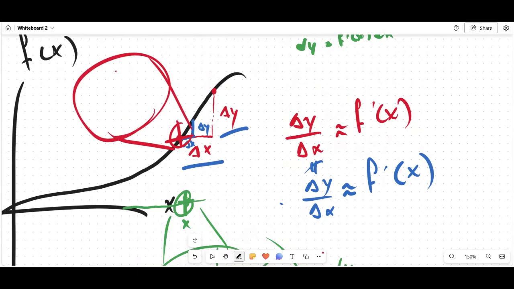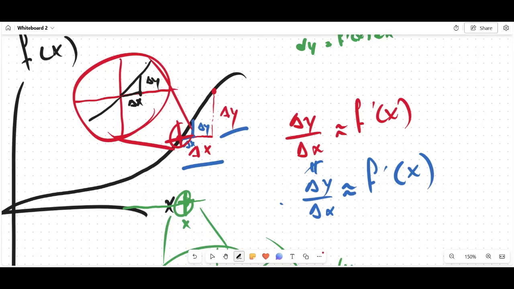And you try to trace the actual function. So the actual function is not a straight line, but it's very close to a straight line. So maybe it's like this. And so this over here, they're going to call this delta x, and the amount it goes up, delta y.